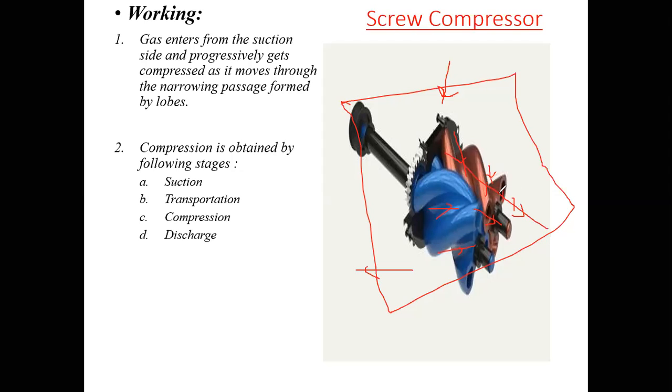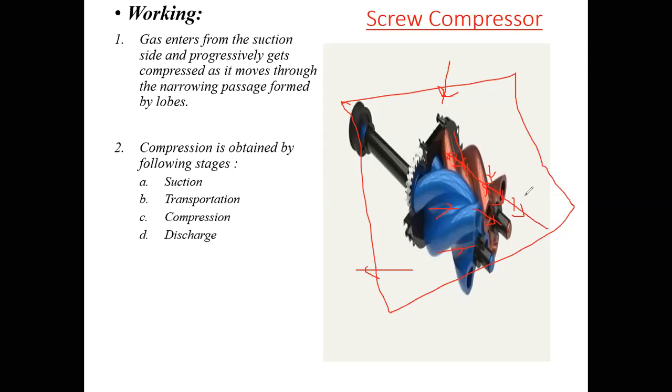In the first two positions there will be a larger volume of air, but when the screw starts rotating and air starts moving in this direction, the distance starts decreasing, and the volume of air decreases along with a rise in its pressure.